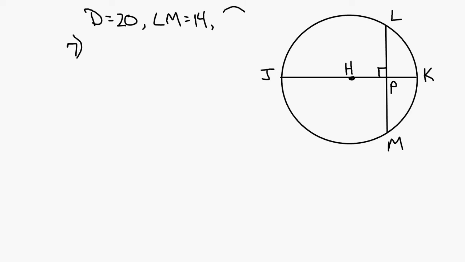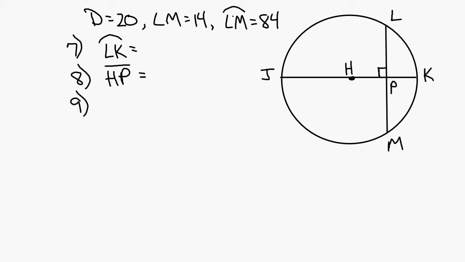So let's see. Number 8, you need arc LK. And number 8, you need HP. For number 9, you need the area of the circle. And for number 10, you need arc LJ.